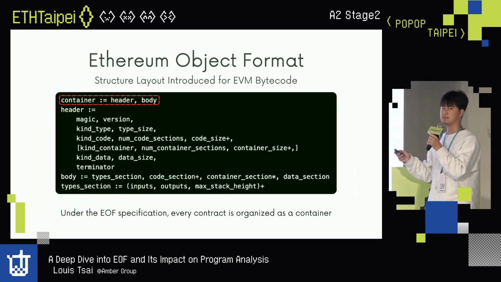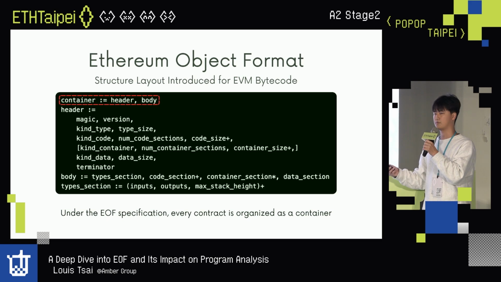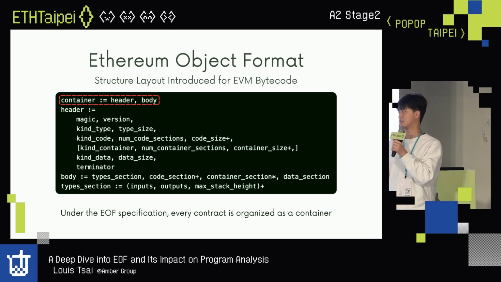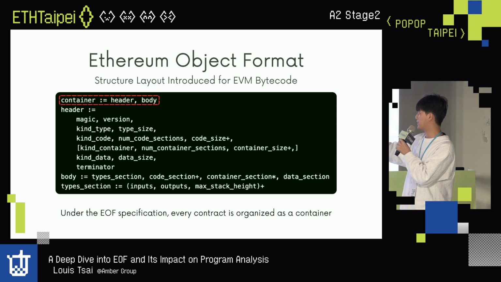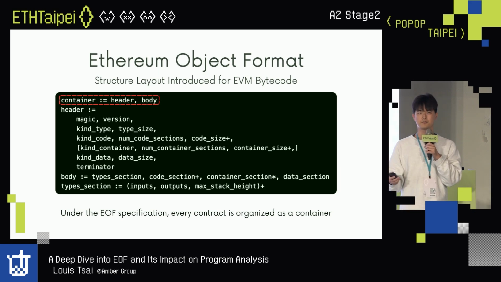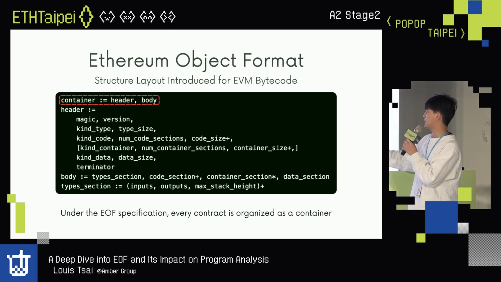However, this is different in Ethereum Object Format. In EOF, everything is organized as a container. And in a container, there is a header part and a body part. In the header part, EOF introduced different kinds.